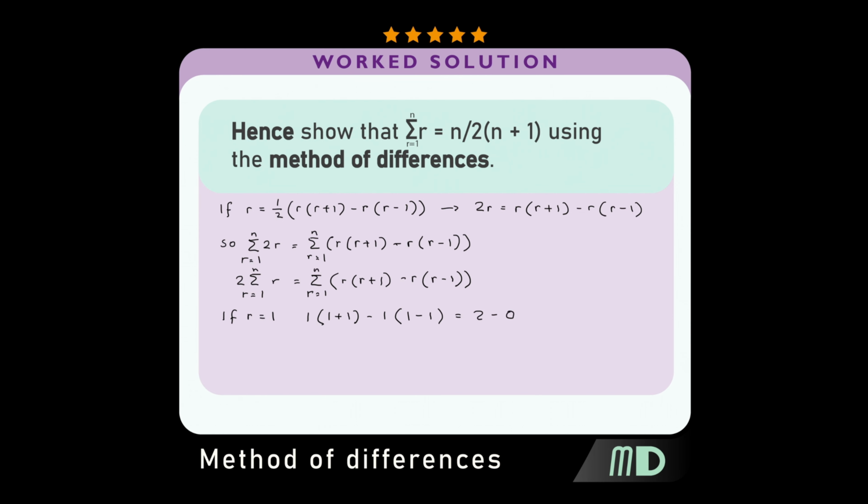When r is equal to 2, 2 multiplied by 2 plus 1 minus 2 multiplied by 2 minus 1 is equal to 6 minus 2.